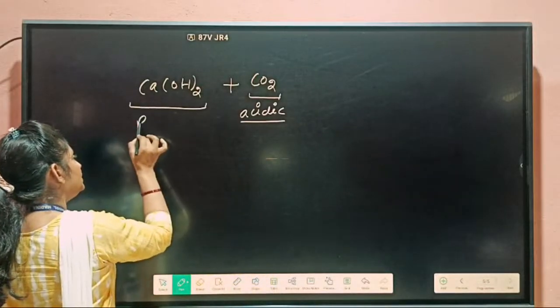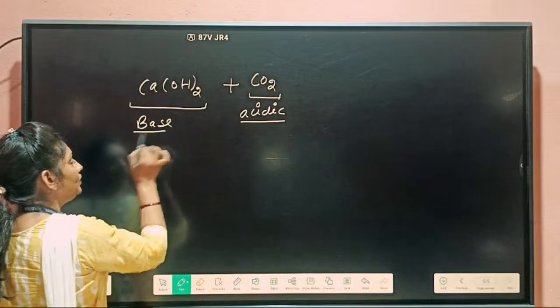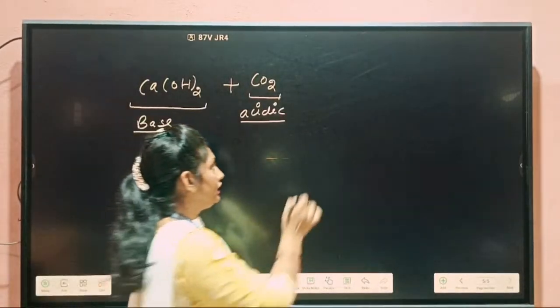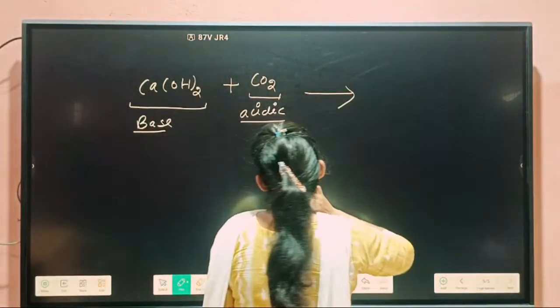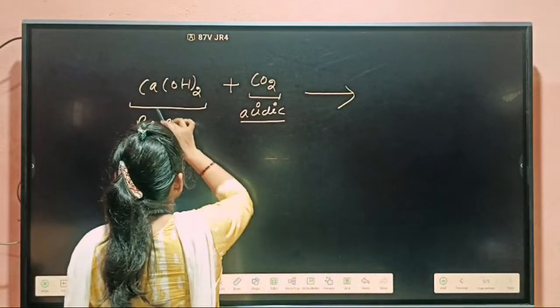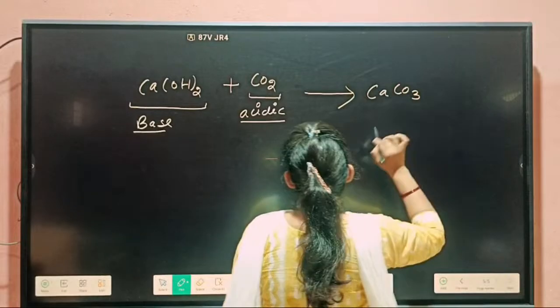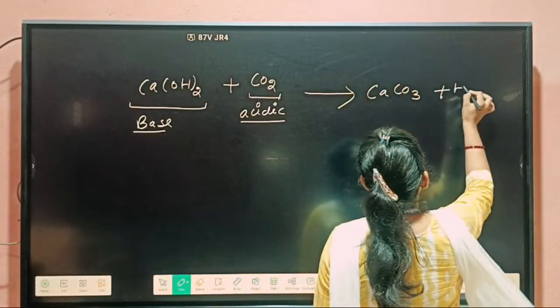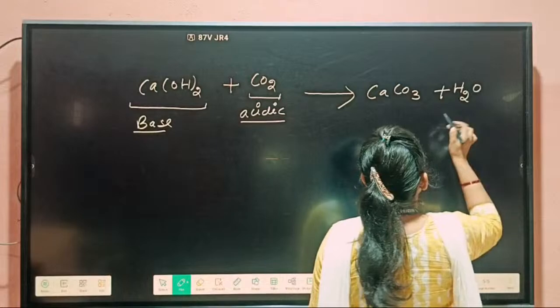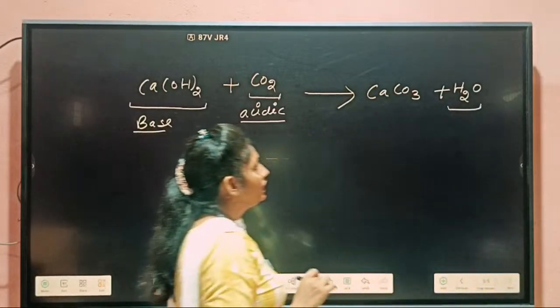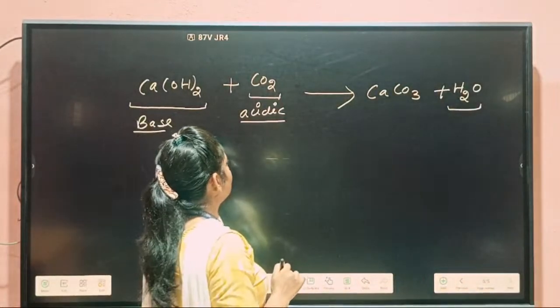And this one is base. And you know very well, acid and base show the neutralization reaction. Then they will form salt and water. Then students, they form calcium carbonate plus water.